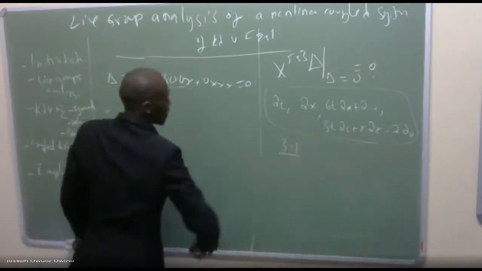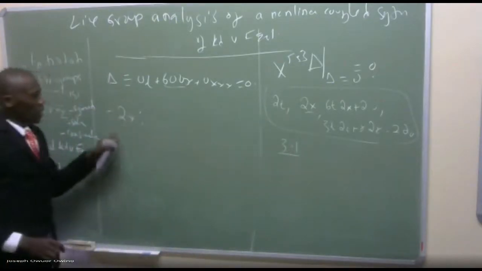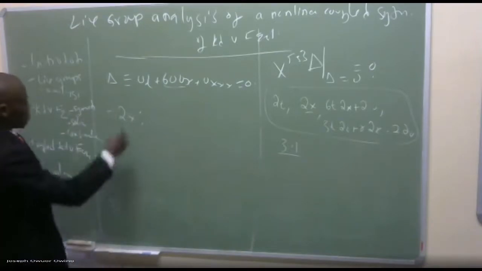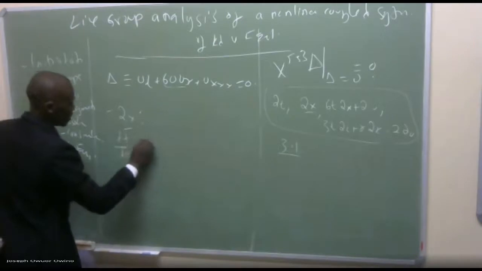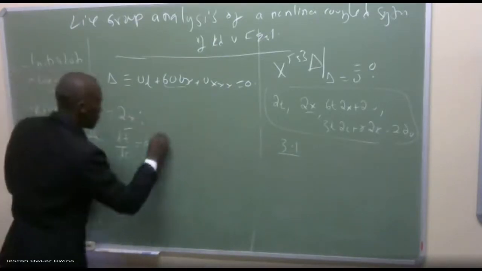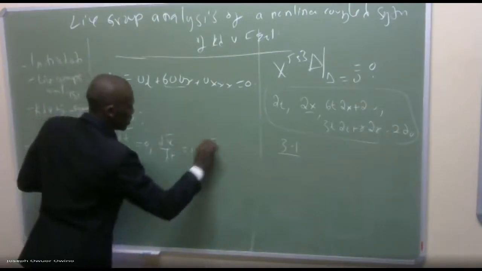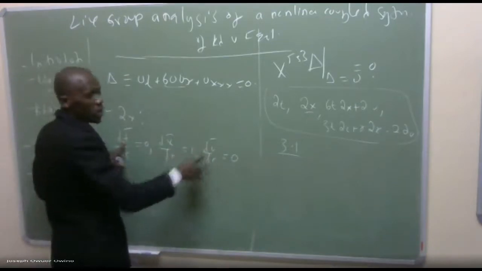So if I take, for example, the space translation symmetry, then I solve Lie equations. So I have dt bar over de is 0, because this only acts on the x variable. So dx bar over de is 1, and du bar over de is 0, where t bar, x bar, and u bar are the transformed variables.